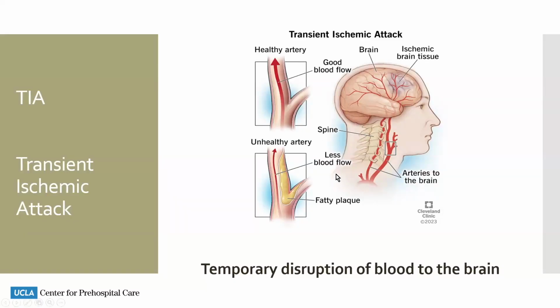But when they say transient ischemic attack, they mean he has all the signs and symptoms of a stroke. However, over a period of 12, 24, even 48 hours, all the adverse symptoms disappear.